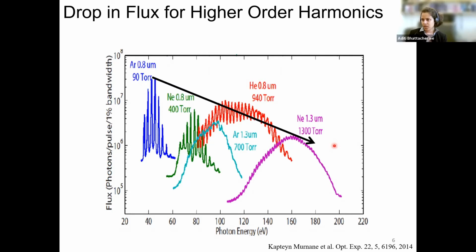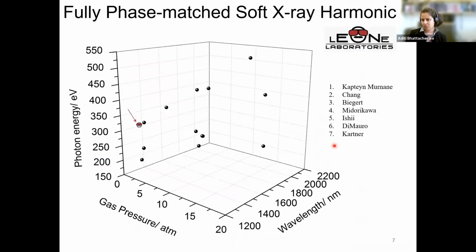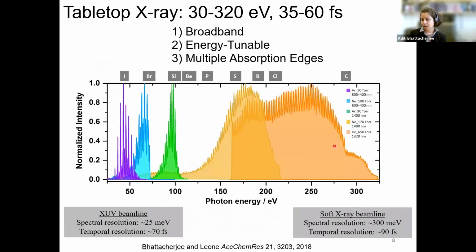So to answer some of these questions, we made the first ultrashort 300 eV pulses on a tabletop source in Berkeley in the Leone labs in late 2015. And we used this to study a number of photochemical reactions. This is a closer view of the high harmonic spectra that we would make in Berkeley.